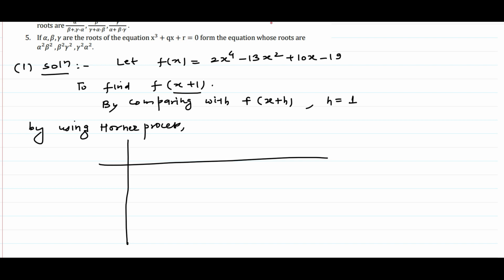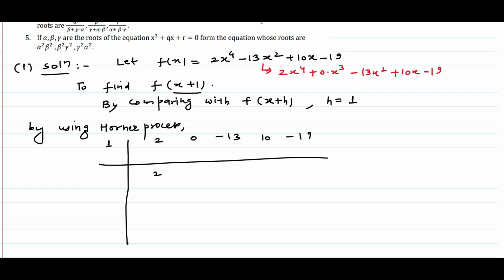So we need to express it in standard form, that is 2x^4 + 0x^3 - 13x^2 + 10x - 19, and write all the coefficients here: 2, 0, -13, 10, -19. Write the value of h here, that is 1.